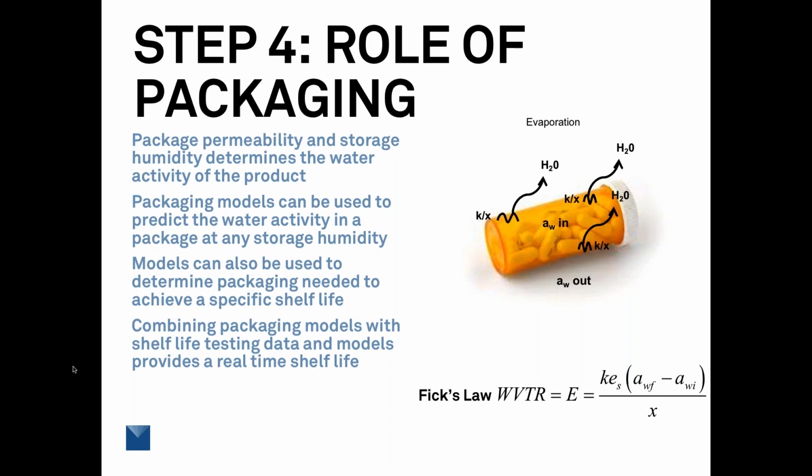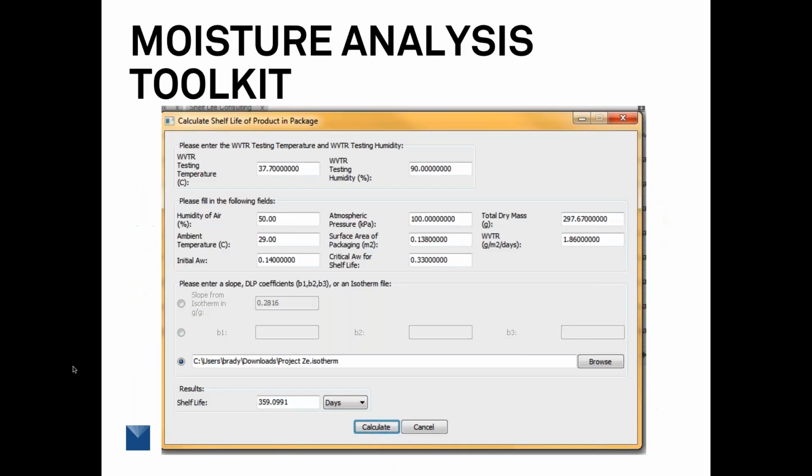When we're talking about packaging, we're interested in the package permeability properties, in this case specifically the moisture permeability properties of the packaging material, so that we can figure out how quickly the water activity inside of the container will change, and what impact that change will have on what the product is doing, what its texture is, what its chemical stability is, whatever the case may be.